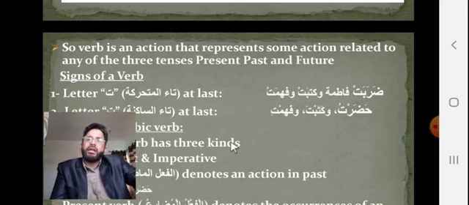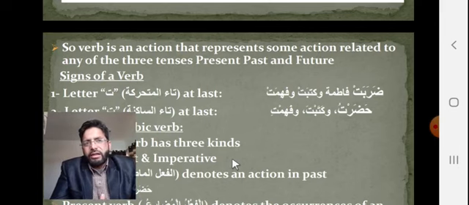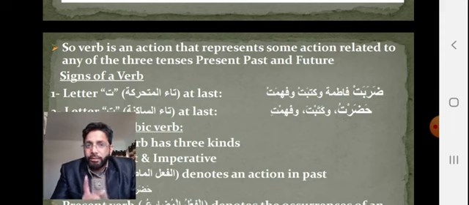A verb is a word that represents some meaning related to any of the three tenses, either present or past or future.